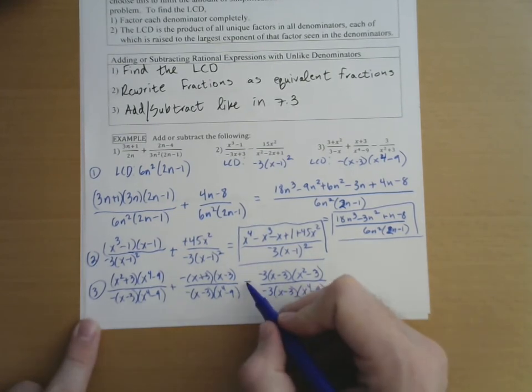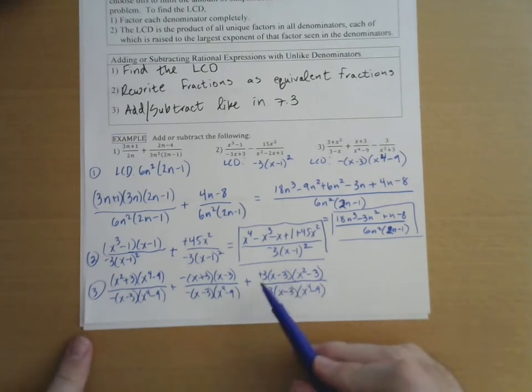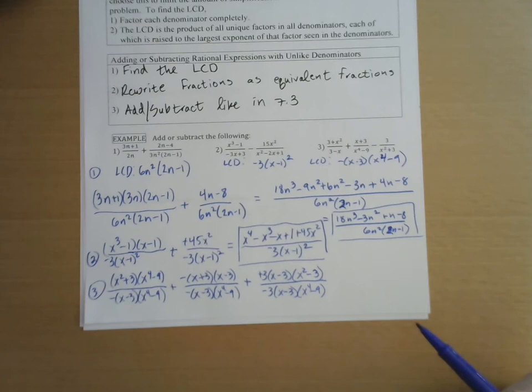Again, this minus is going to make both of these positive. Since this is all multiplication, we only distribute the one negative. And then all that's left is to simplify, FOIL, FOIL, FOIL.